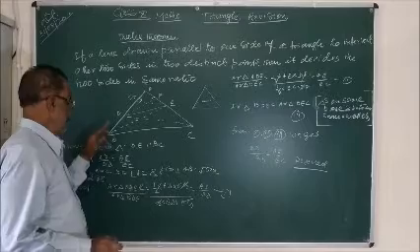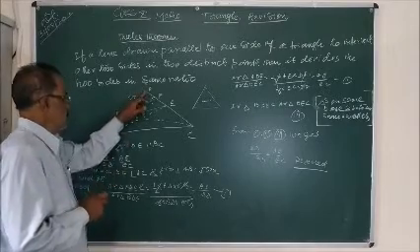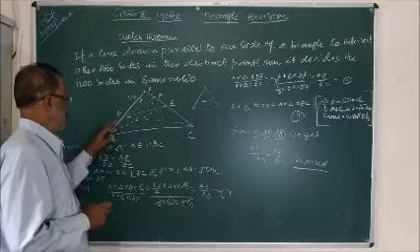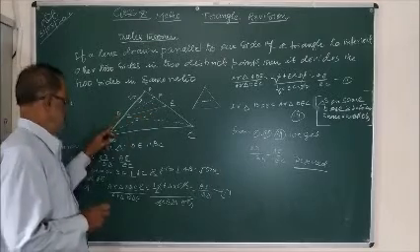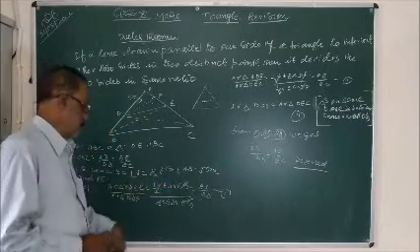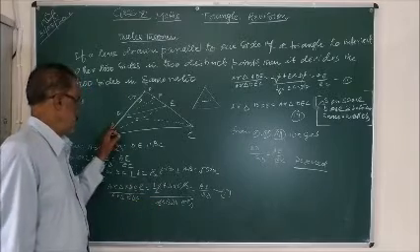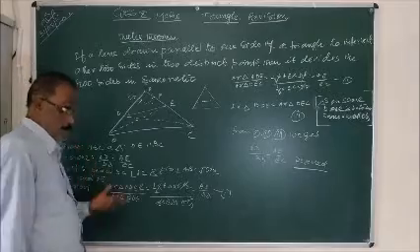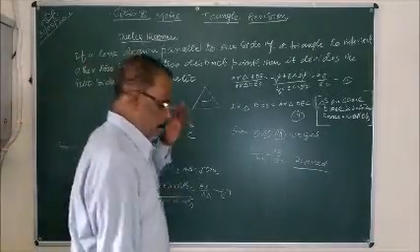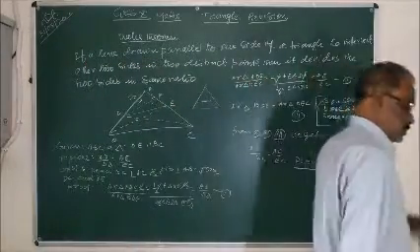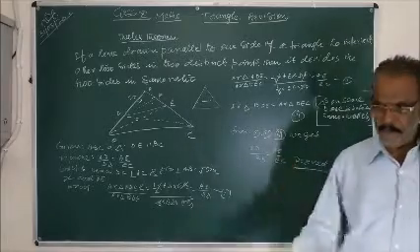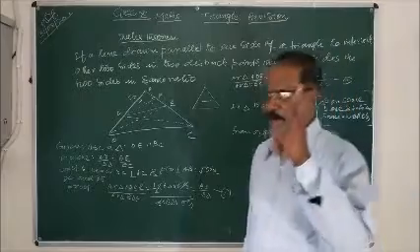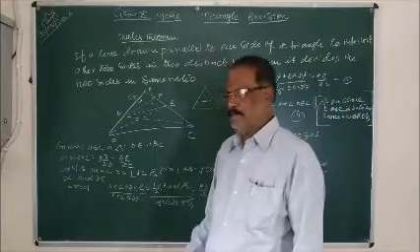So AD and DB are coming, so AD means A in triangle ADE and DB means in this triangle BDE. Half into base into height, half into base, and its height will go outside. In obtuse triangle, the perpendicular is drawn outside the triangle. When we extend the side, we can draw the perpendicular.